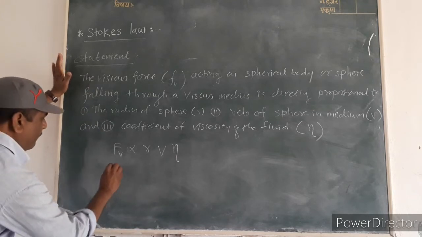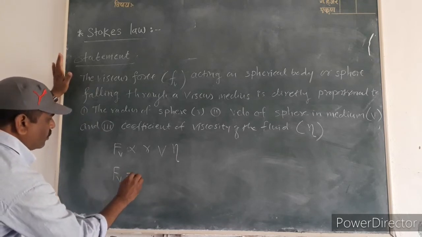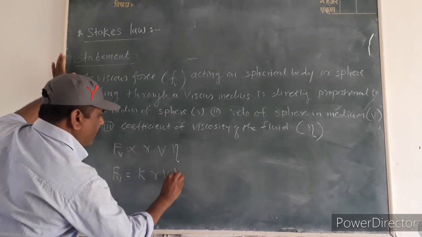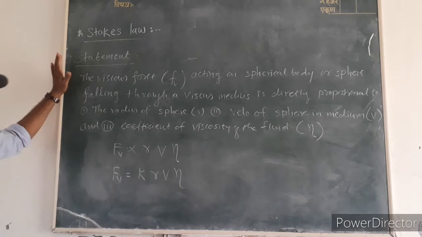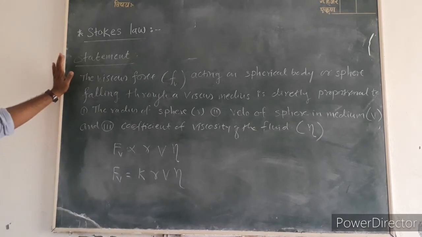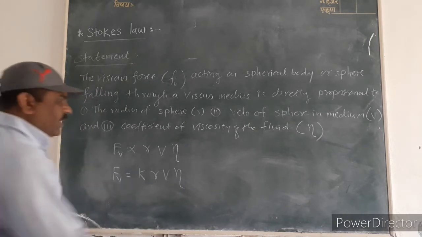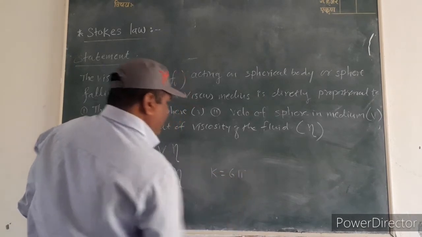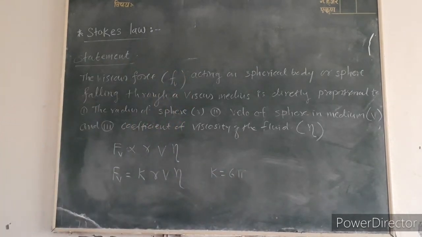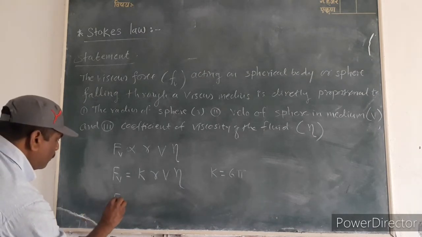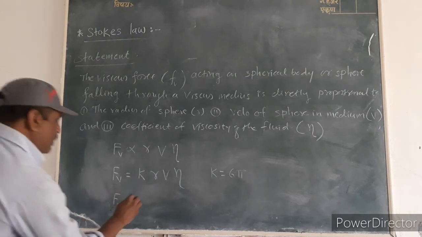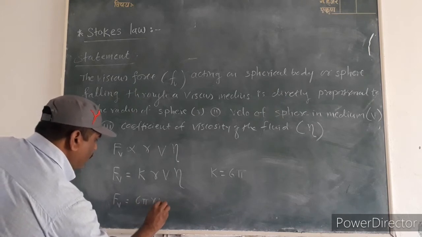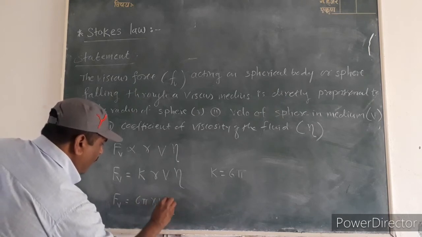Therefore, Fv is equal to some constant K r v eta, where this constant K is called the proportionality constant and its value is obtained as 6 pi. Therefore, the viscous force Fv is equal to 6 pi r v eta.